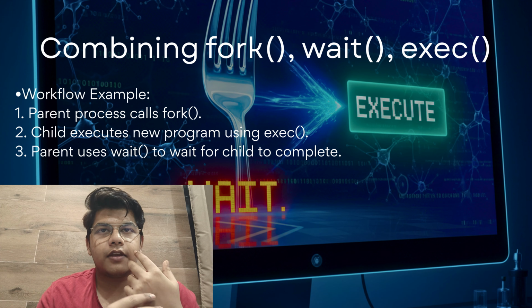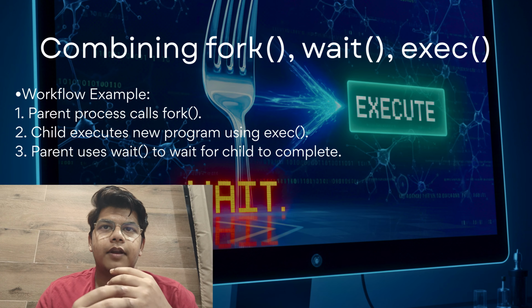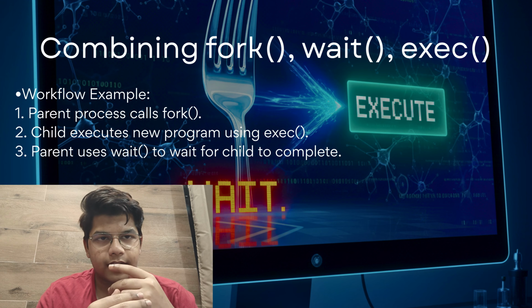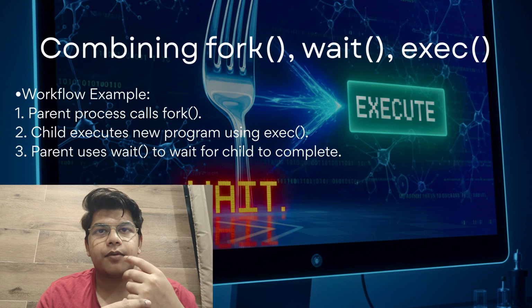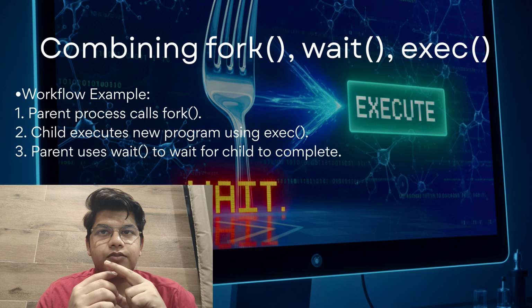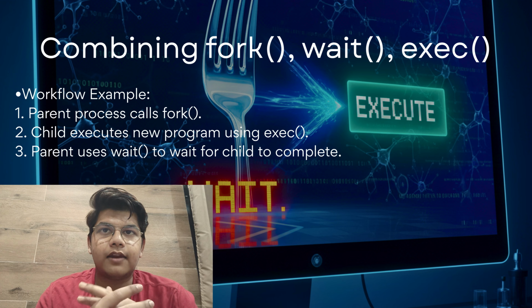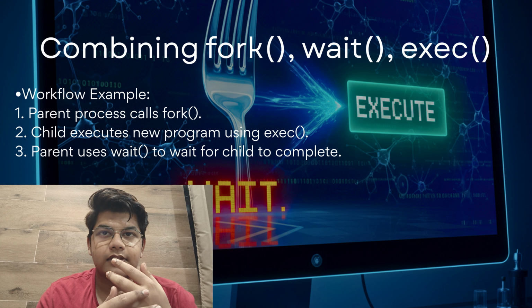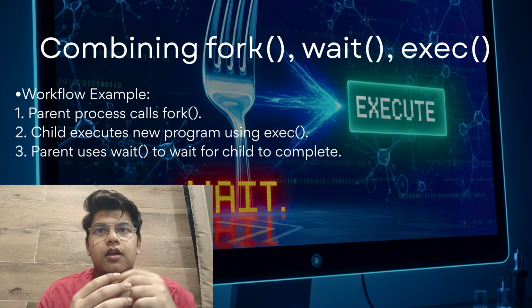Let's put it all together into a common workflow you'll see in many programs. The typical pattern for launching another program is that the parent calls fork to create a child. Inside it, the child process calls exec to replace the child's image with a new program, and the parent calls wait or waitpid to wait for the child to collect its exit status and avoid zombie processes.